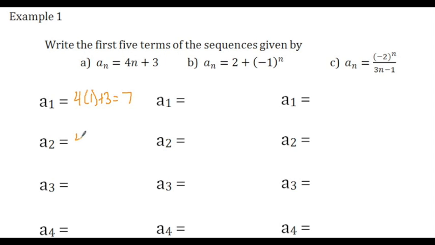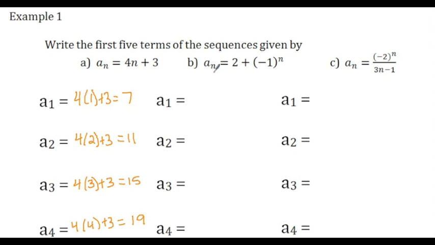Then we plug in 2, so 4 times 2 plus 3 is 11. And then 4 times 3 plus 3, that's 15. And then 4 times 4 plus 3, which of course would give us 19. Okay, that's all. It's kind of simple there. Just plug in the value for n and figure out what the sequence is going to be. There's 7, 11, 15, 19, so on and so on.